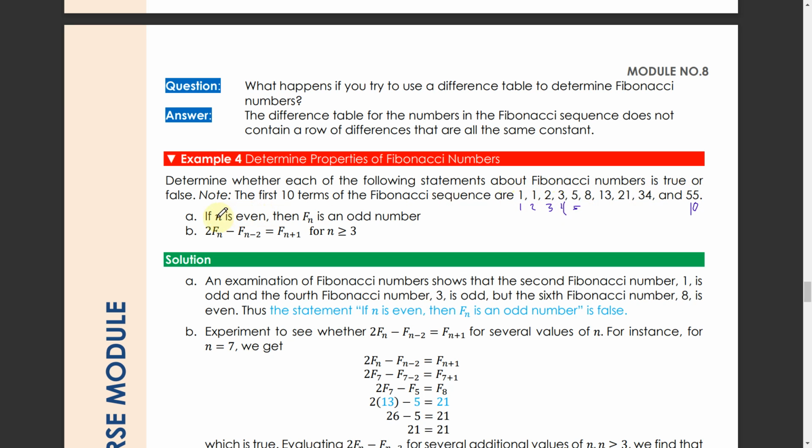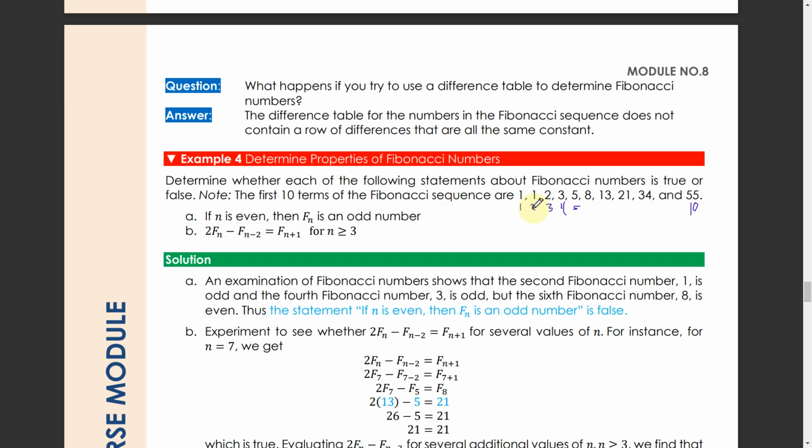So at n equal to 5, our f of n is also equal to 5. At n equal to 10, our f of n is equal to 55. So it says that if our n is even, divisible by 2, then our f of n is an odd number, no?